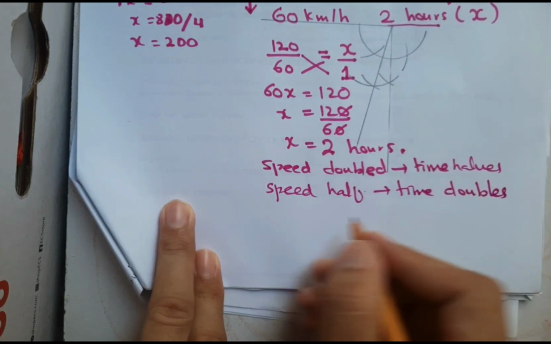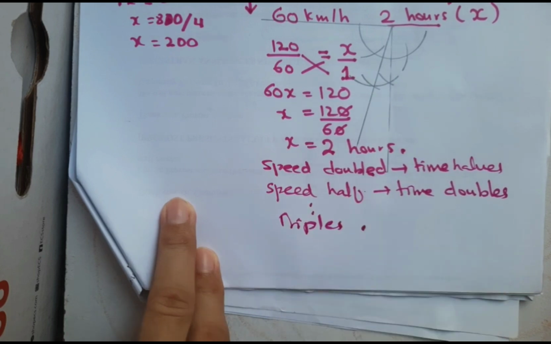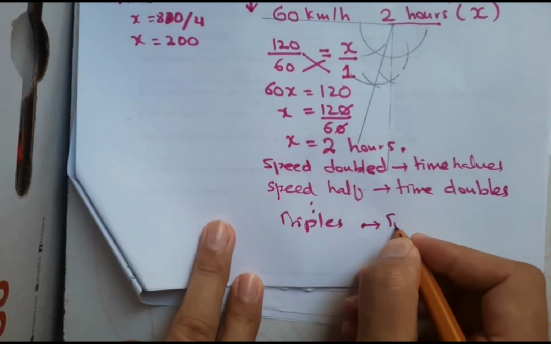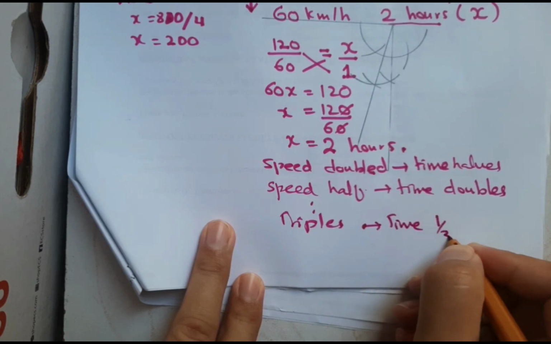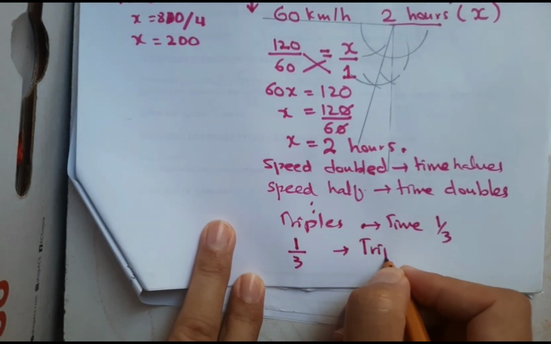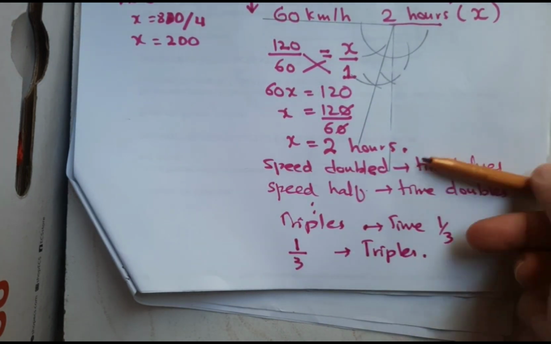You can notice it through several examples that are also given in your book. The same is the case with the other one, as it's inverse proportion. When you triple the speed, the time will turn to 1/3, and when you make the speed 1/3, the time will triple.